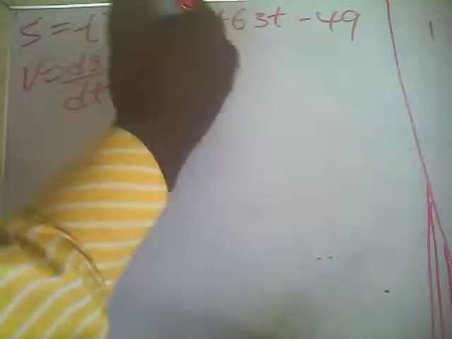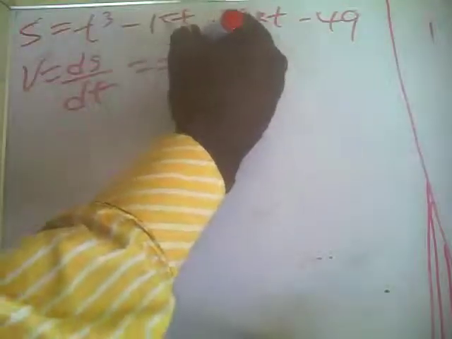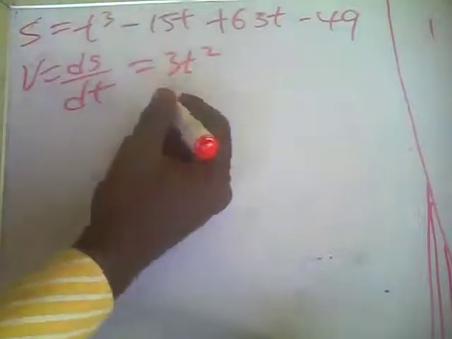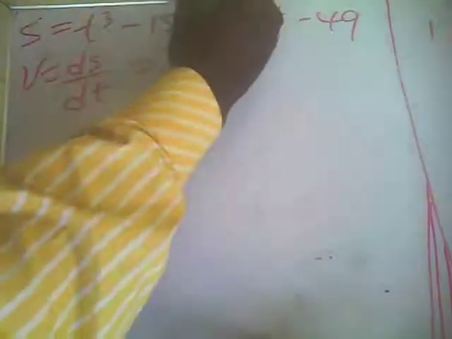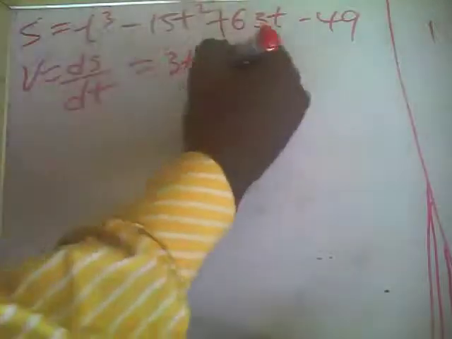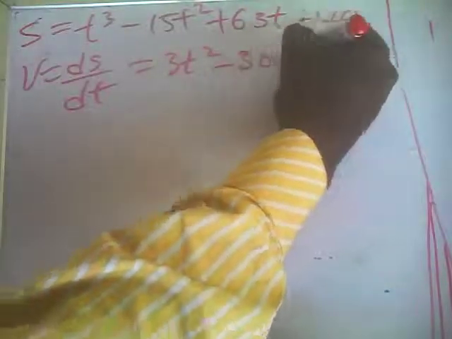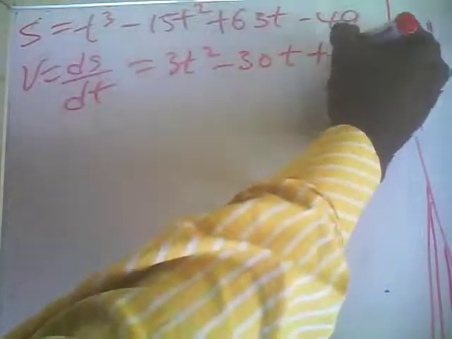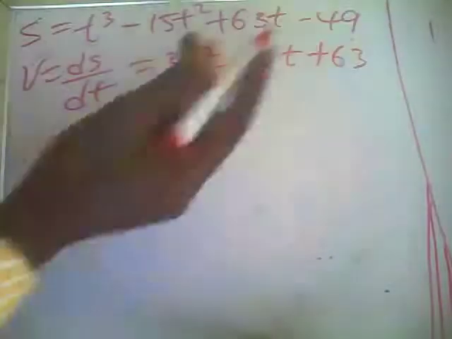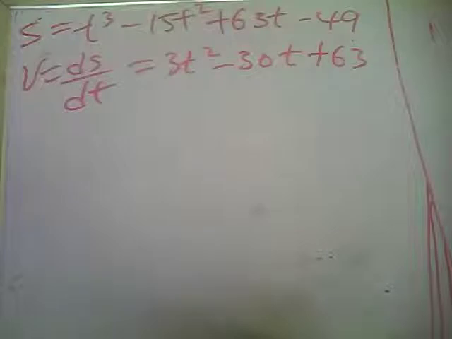When we differentiate t cubed, we have 3t squared, and then minus 15t squared, when differentiated, becomes minus 30t. When we differentiate 63t, we have 63, while differentiation of minus 49 is 0, because that is a constant. So we have 3t squared minus 30t plus 63 as our velocity equation.